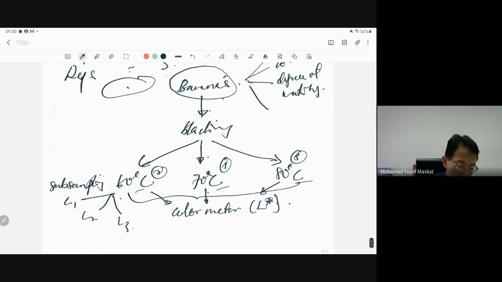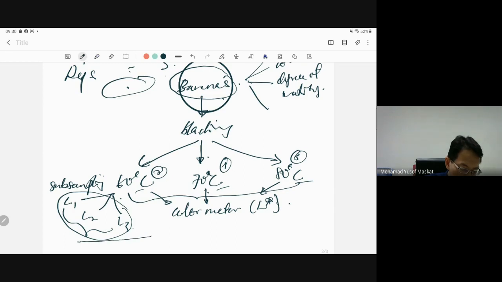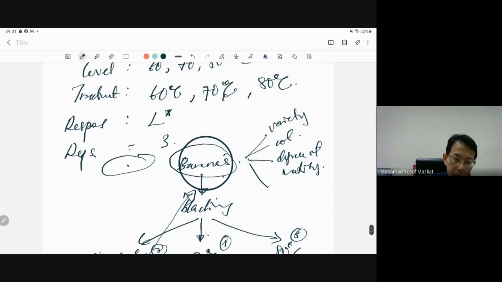In this case we only take 1 from the same batch of bananas, apply the treatment only once, and only the measurement is done 3 times. So this average is only a representation of that one batch.